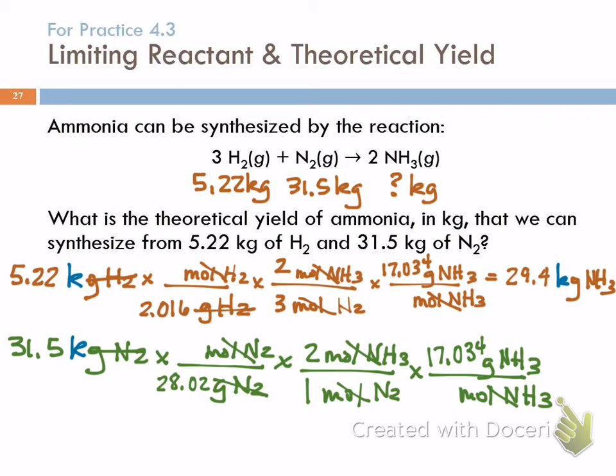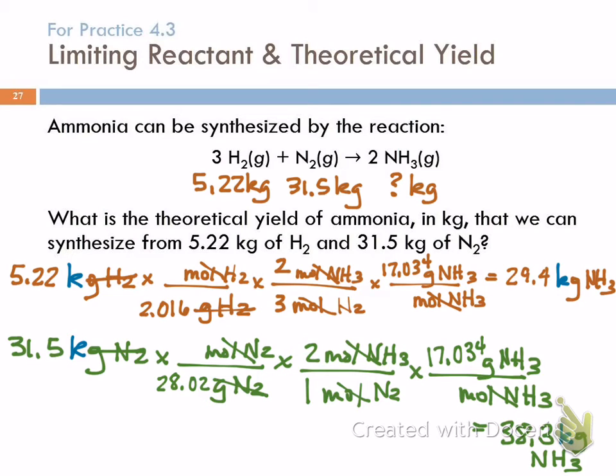This will also have 3 sig figs. And so this is going to be 38.3. The kilo is still in there. Grams of NH3. Sorry, kilograms of NH3.